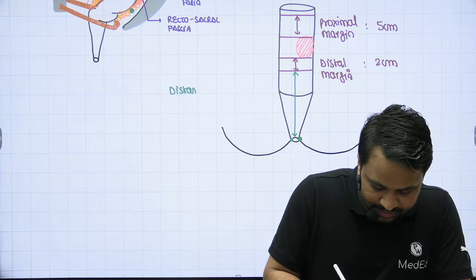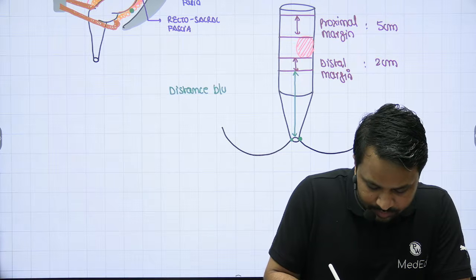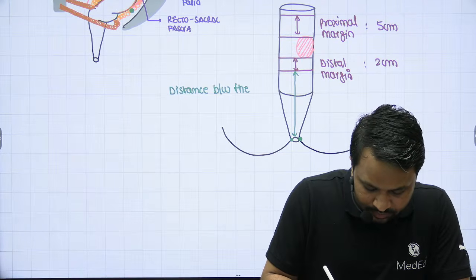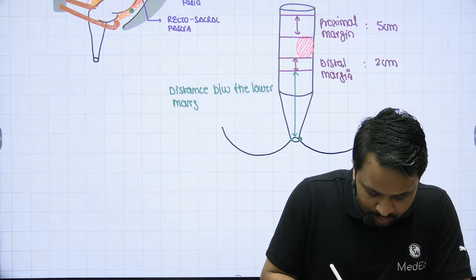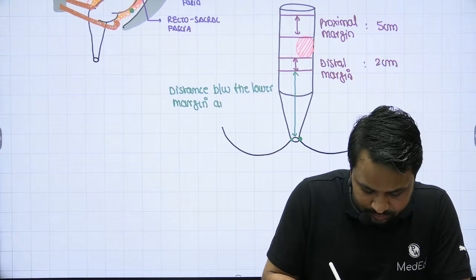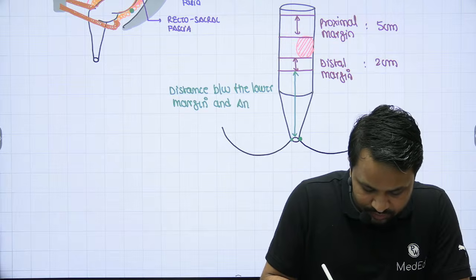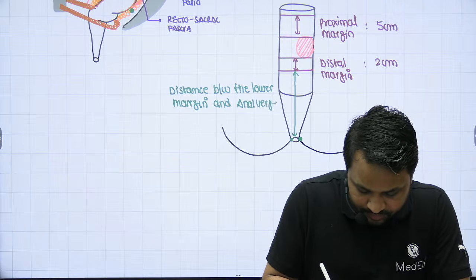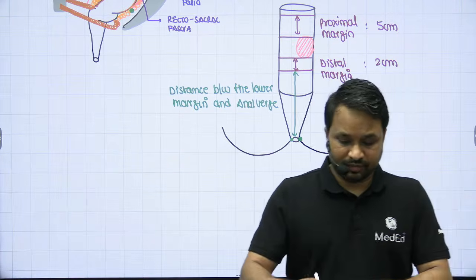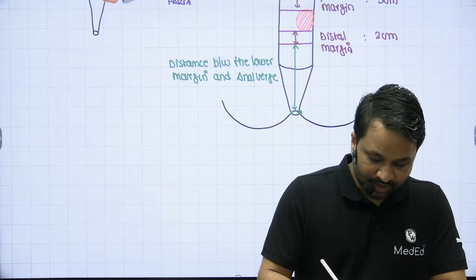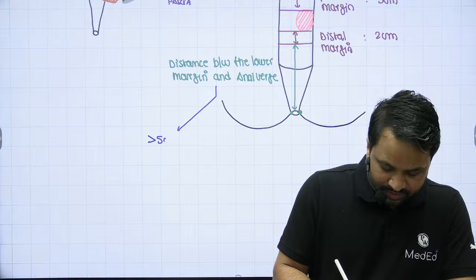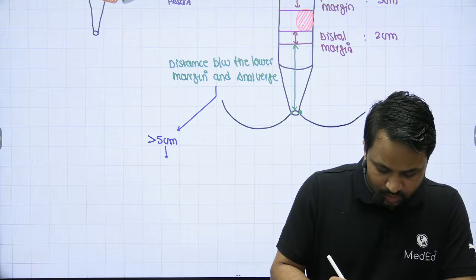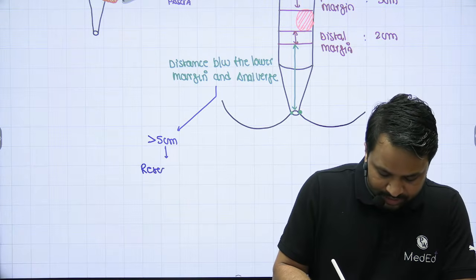So this is the distance between the lower margin and anal verge, and we will measure this distance. Now, if this distance is more than 5 centimeters, then you can go ahead with resection and anastomosis.